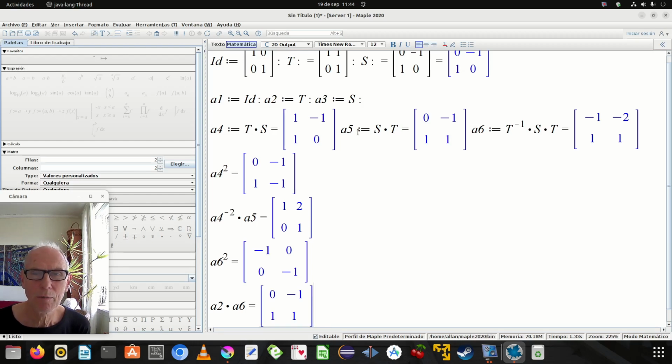So they are coupled. So that's one group of 3 elements.